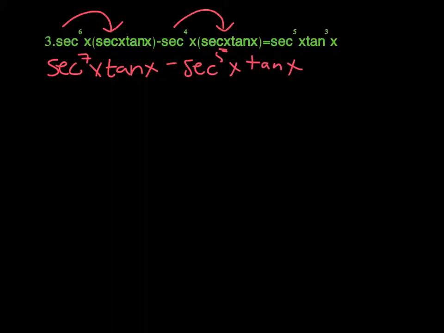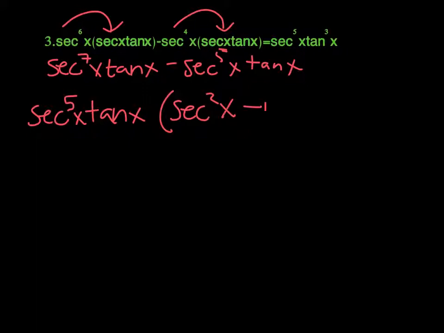So for each one of these terms, there's 7 secants here, 5 here. I can take out 5. And I can take out 1 tangent. So I'm going to take out a secant to the 5th and a tangent. I'm going to factor it out. What's left is secant squared minus 1. Secant squared minus 1, that's one of your identities, is tangent squared.